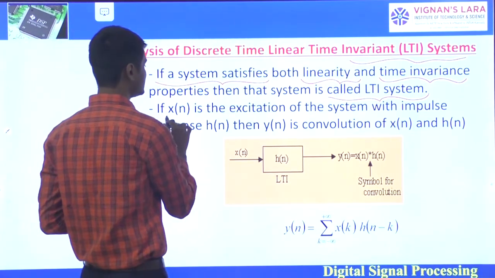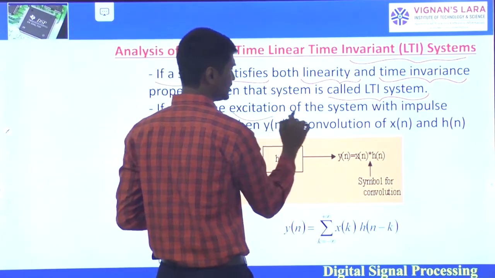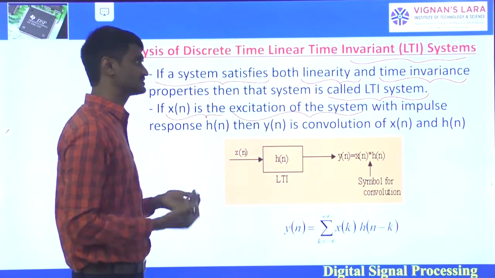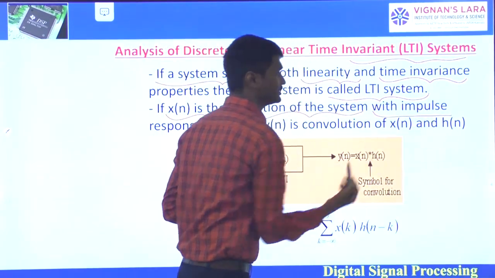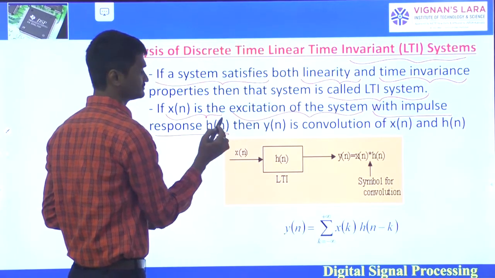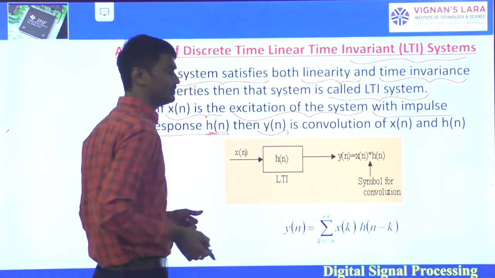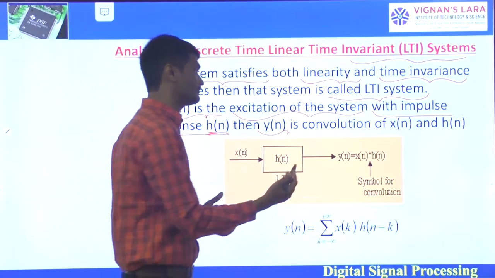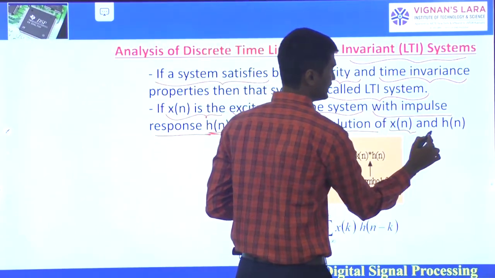So if x of n is the excitation of the system, that is the input to the system with impulse response h of n, for an LTI system, then y of n is called the convolution of x of n and h of n.